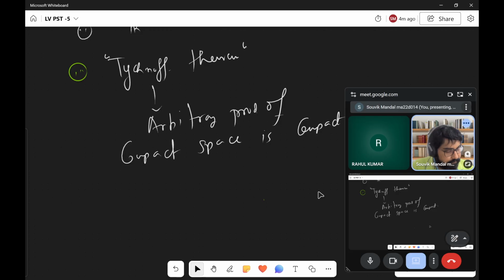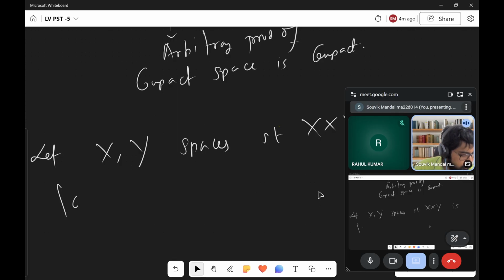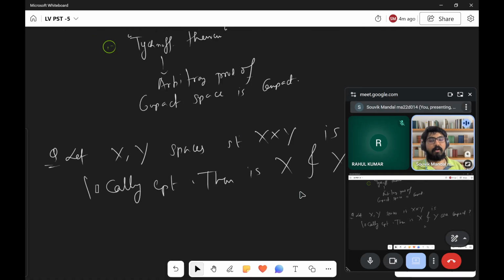Okay, so that's the thing. Tell me one thing. The next question is: suppose X and Y are spaces such that X cross Y is locally compact, then are X and Y compact? So this question says X and Y are spaces such that the product is locally compact.